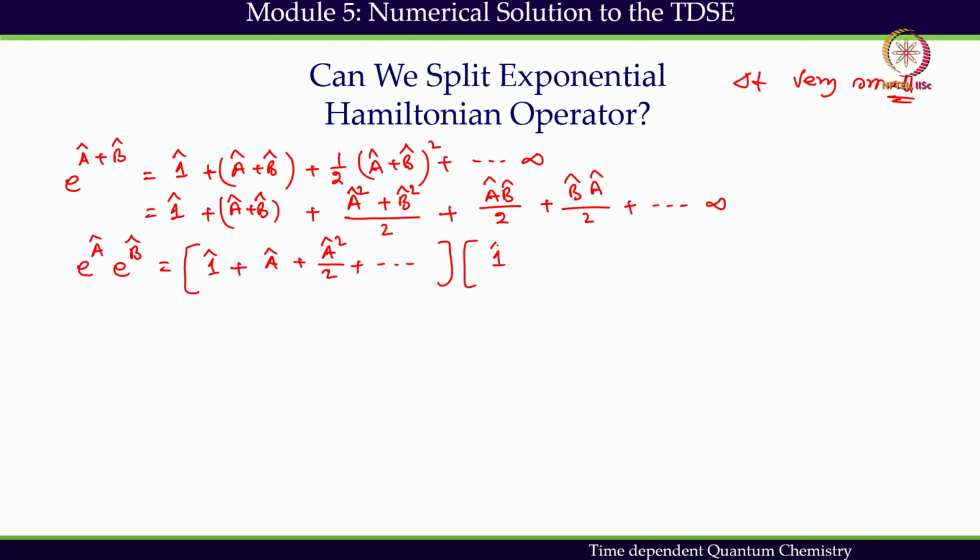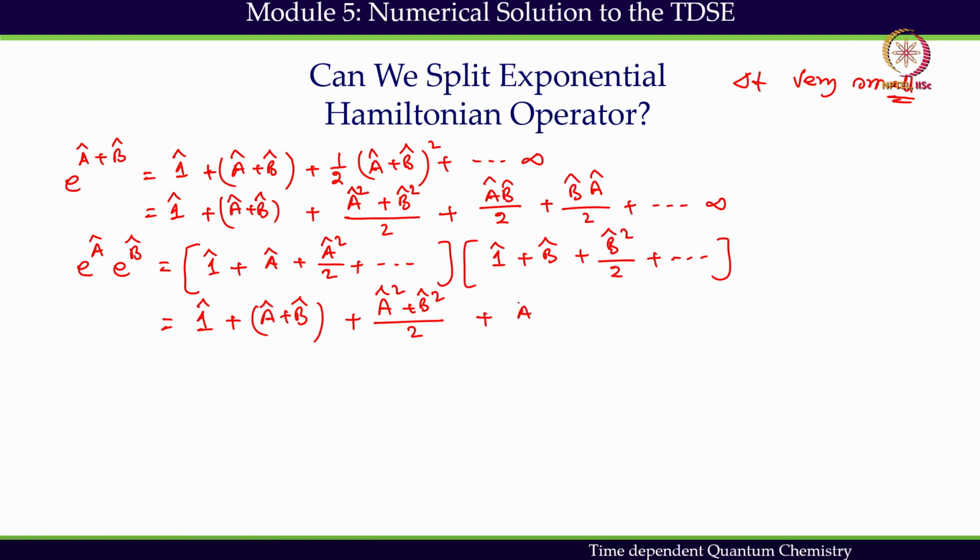Another one is going to be 1 plus b plus b square by 2 plus like this, and we have to get the product of it, and if I get the product, what I get is 1 plus a plus b plus a square plus b square by 2 plus I have ab. So, what we see here already, there is a mismatch between the terms. We have been able to reproduce this part, but then this part is now mismatching.